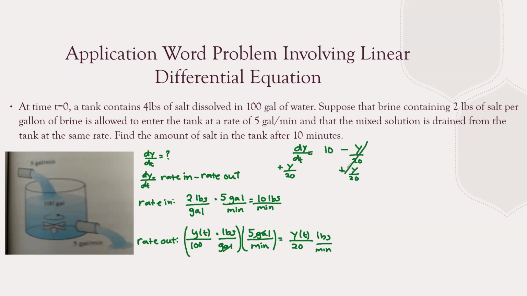So you're left with dy/dt plus y over 20 equals 10. Now we have it in standard form. Or if you want, you can rewrite y over 20 as 1 over 20 y.